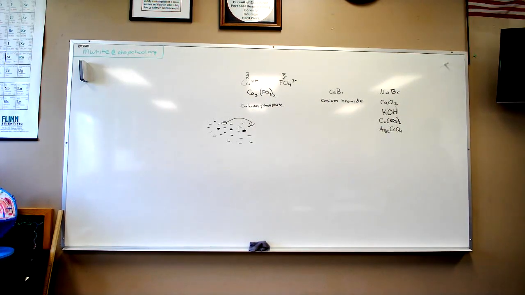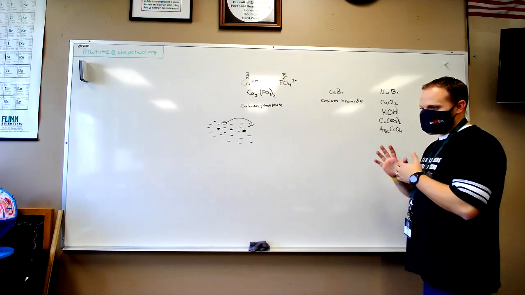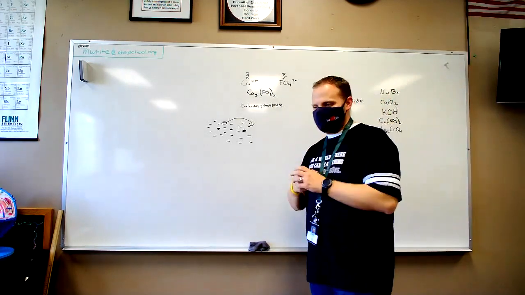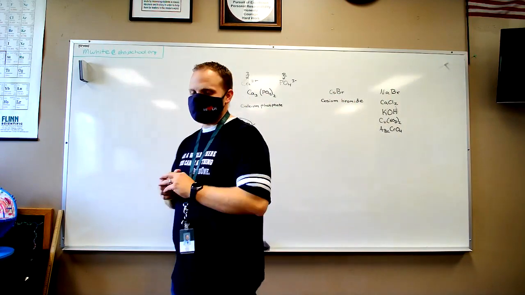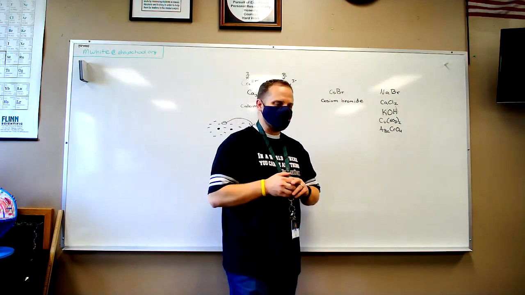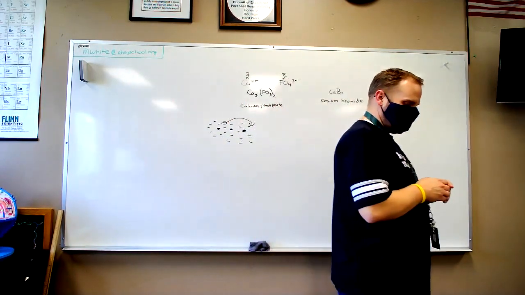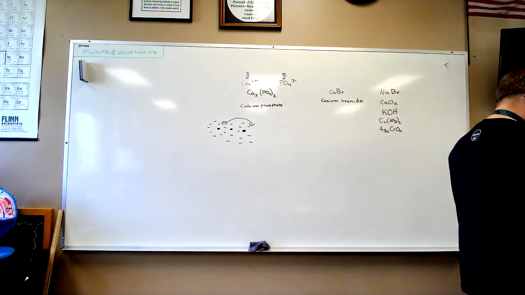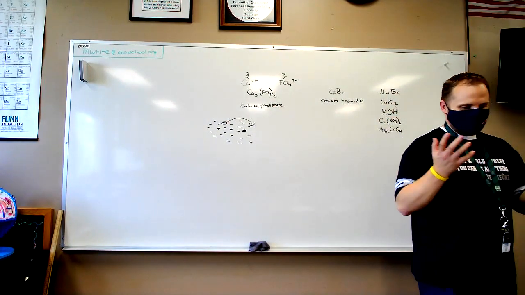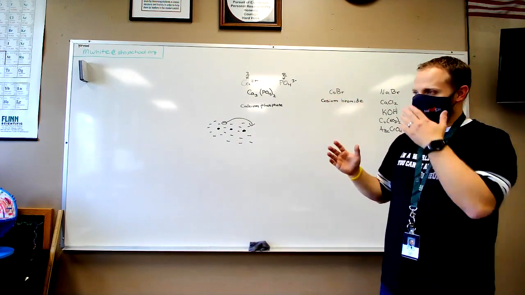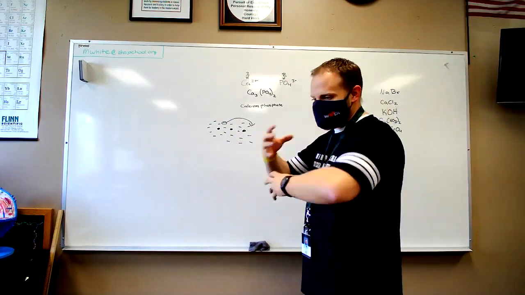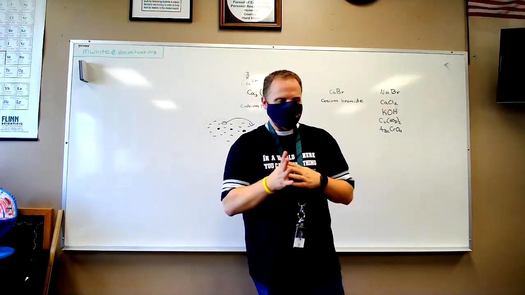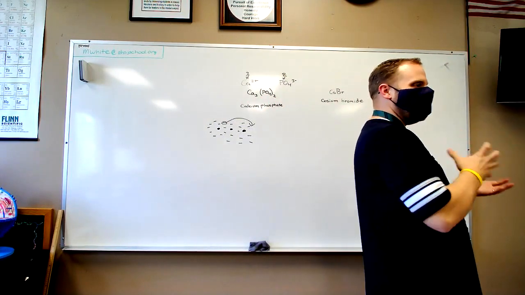So when we use the word alloy, what it means is we've taken two metals and mixed them together into a homogeneous mixture. So if we take, honestly, really any two metals, mix them together, we get a blend of properties.